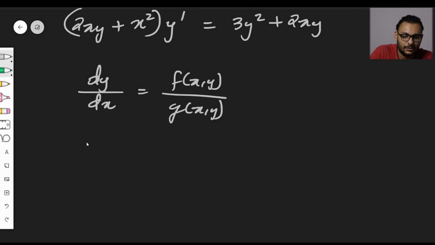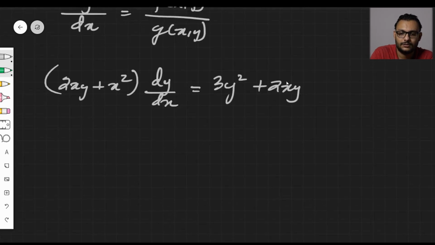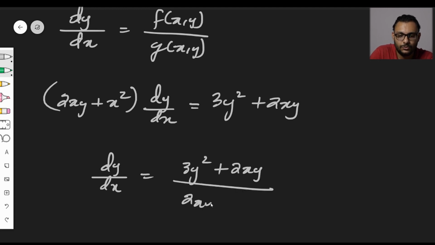Let's try. 2xy plus x square, y dash, which is dy by dx, equals 3y square plus 2xy. Keep dy by dx on the left hand side and take this term to the right hand side. So we get dy by dx is equal to 3y square plus 2xy divided by 2xy plus x square. Now checking the order and degree.